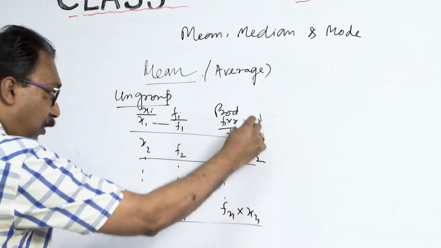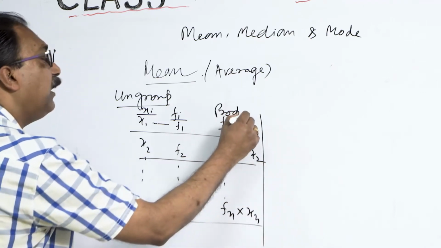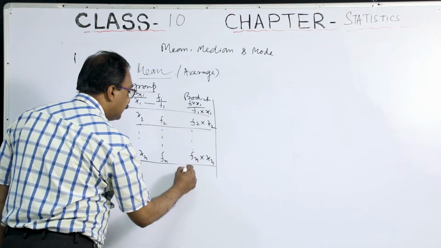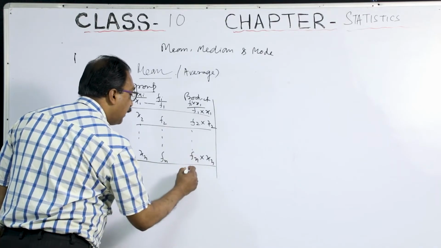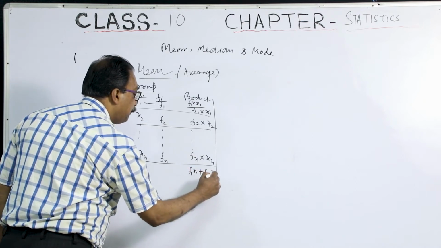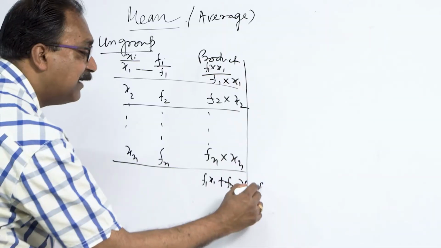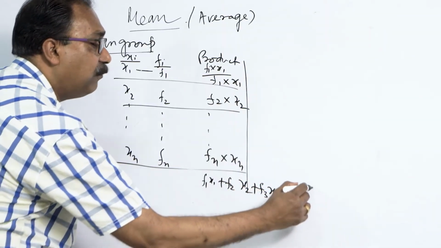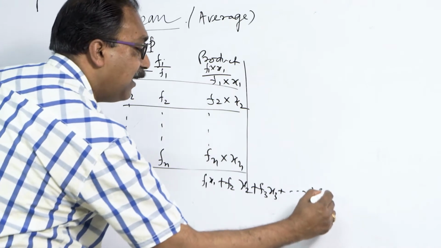If I add all the products, we write f1x1 plus f2x2 plus f3x3 plus dot dot dot plus fnxn.